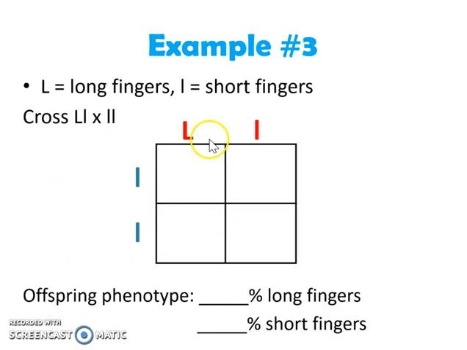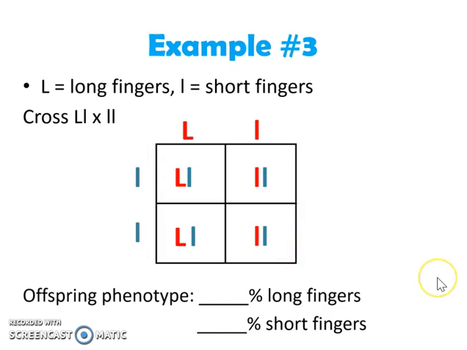Now let's solve. Bring the big L down, little l over. Little l down, little l over. Big L down, little l over. Little l down, little l over. It's like a tongue twister.